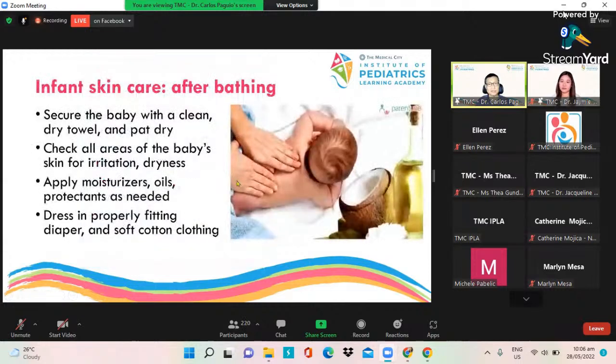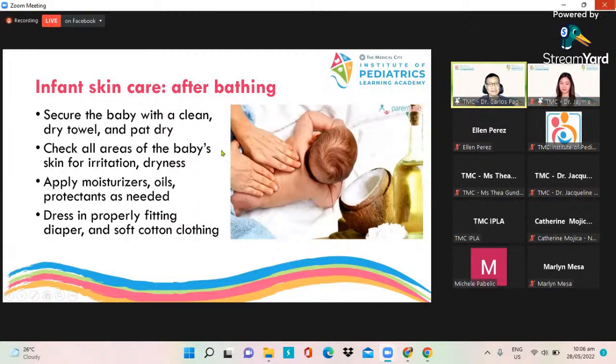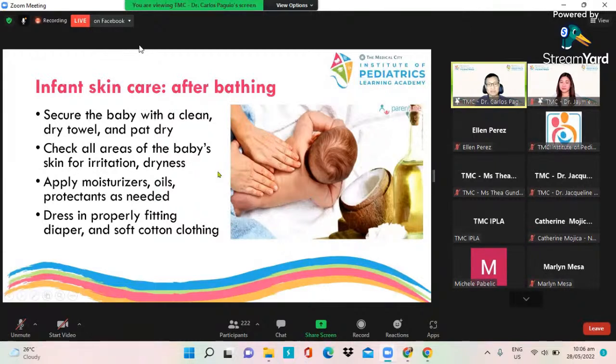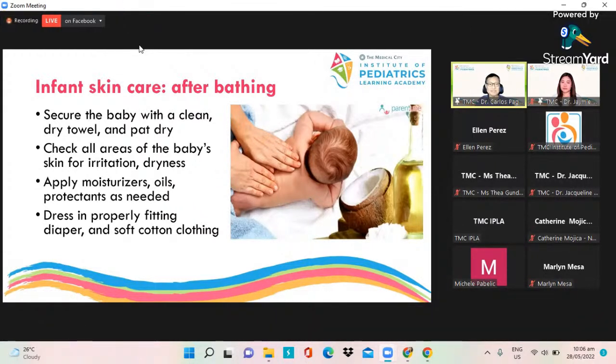Okay. So now, let's see now. Everything good. Dinaligo na ang bata, walang insidente. Now, are we purposeful in setting aside a place where we will put down the baby? Nahanda na ba po natin yun? That's very important because, again, we have to secure the baby with a clean, dry towel and pat dry in our special area.